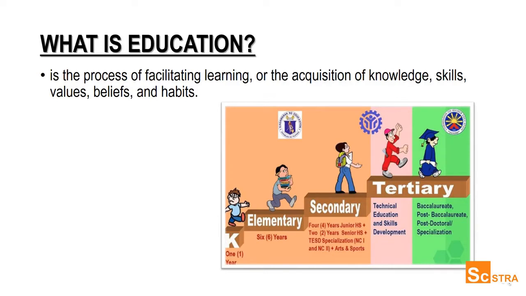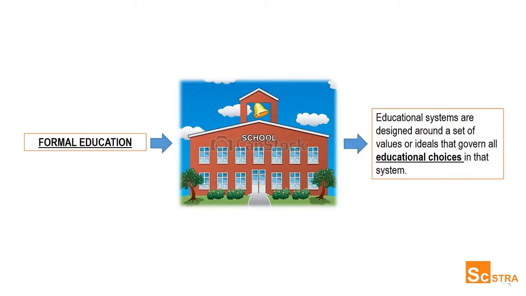So our focus will be in the formal education. In our country, formal education starts from basic education, that's K to 12, to higher education or the tertiary education, which is provided by public and private schools, colleges, universities, technical and vocational institutions in the country.